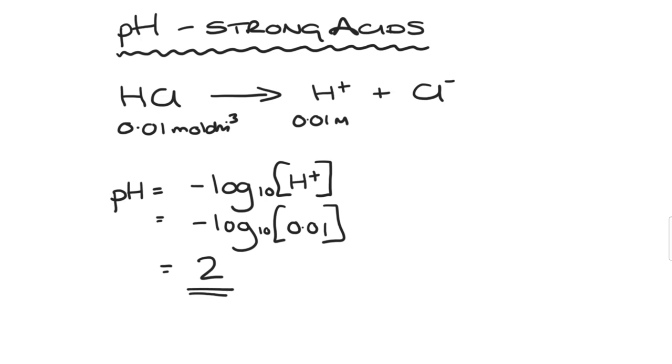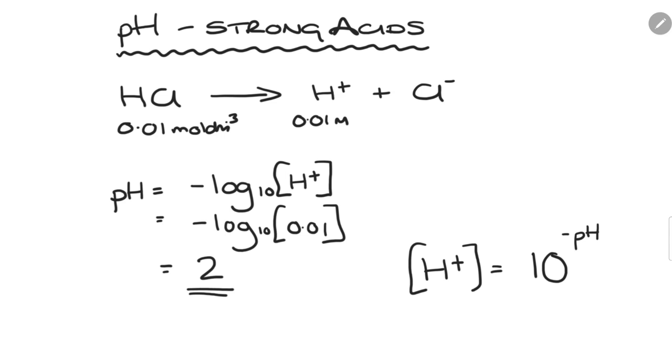If we had a pH and we wanted to go back to the hydrogen ion concentration, if we had been given the pH, then the inverse of the logarithm is to take a pH value and put that to the power of 10. So 10 to the power of minus pH.